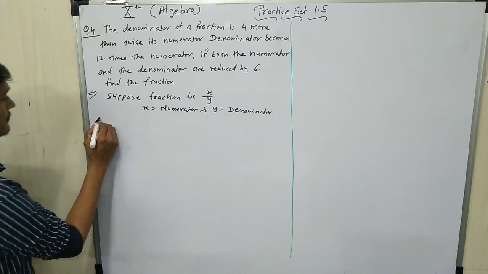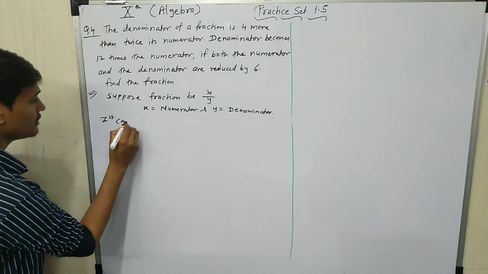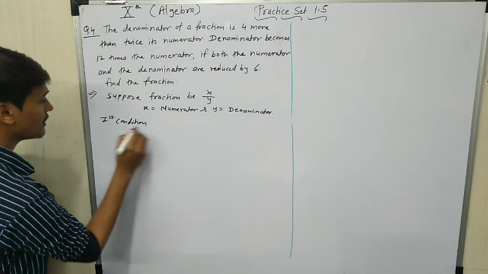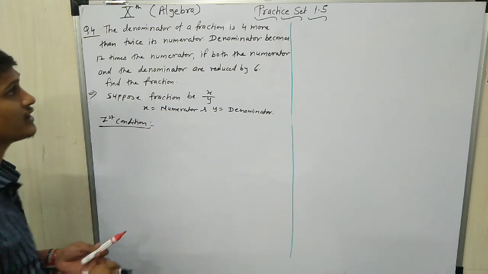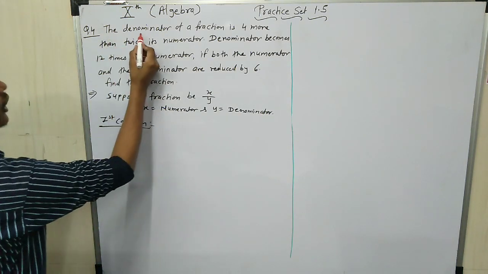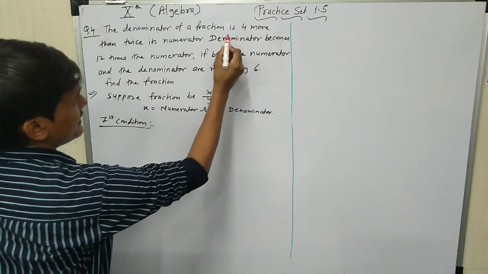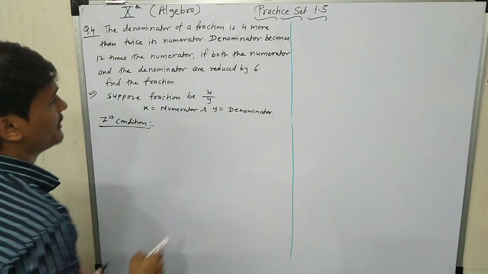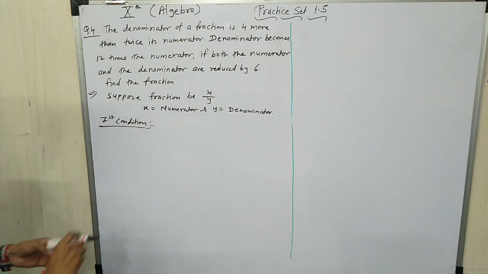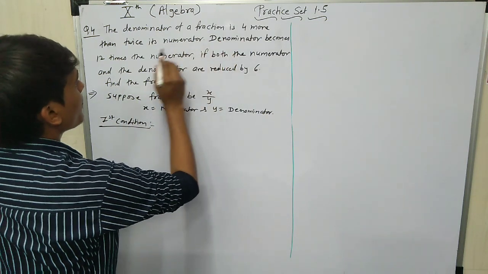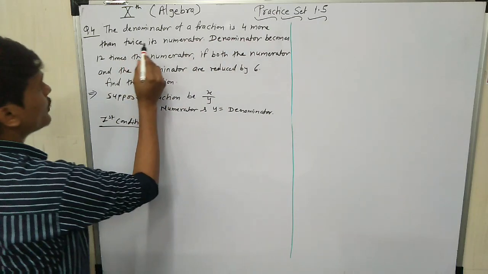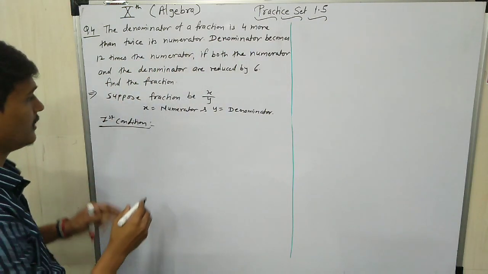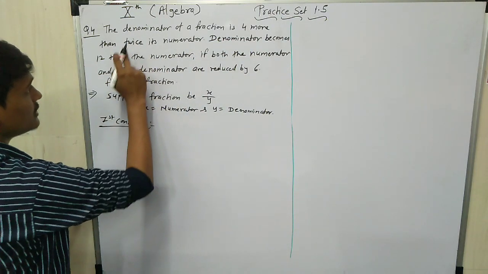Now first condition. What is the first condition? The denominator of a fraction is 4 more than twice its numerator. Understood?